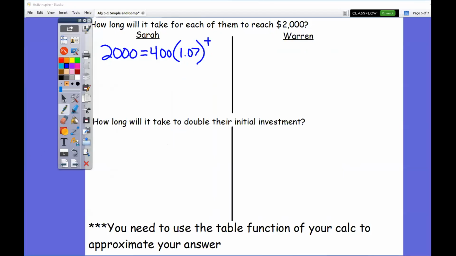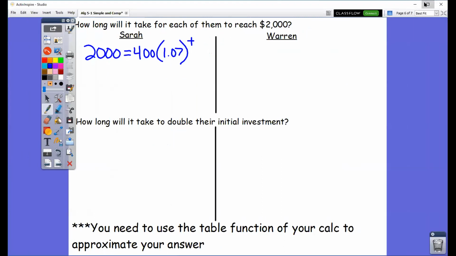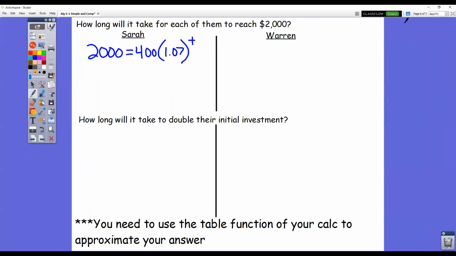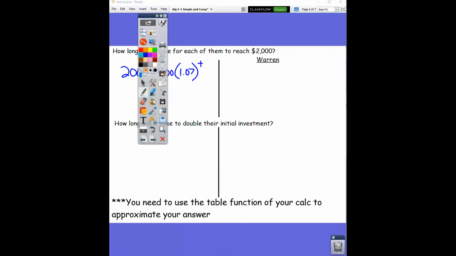Just give me a second to open this up and get to the right screen share. Sorry, it takes a second to open up.